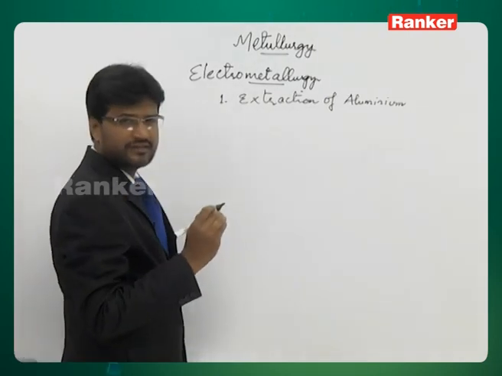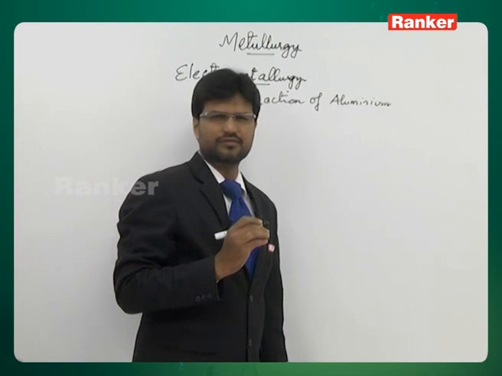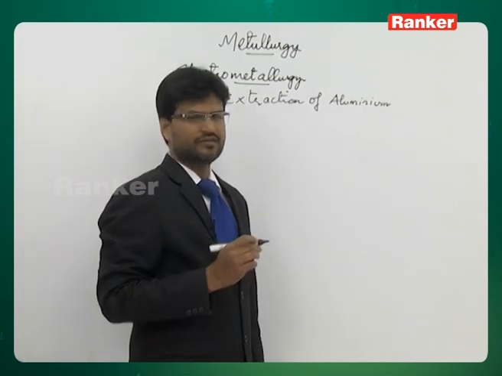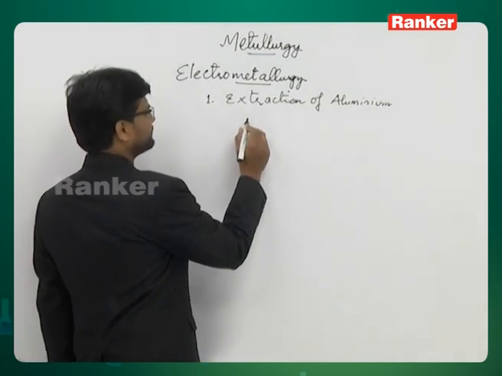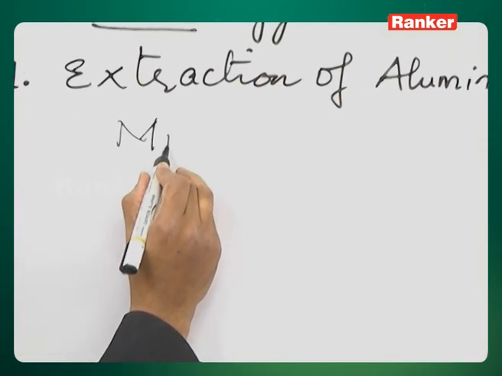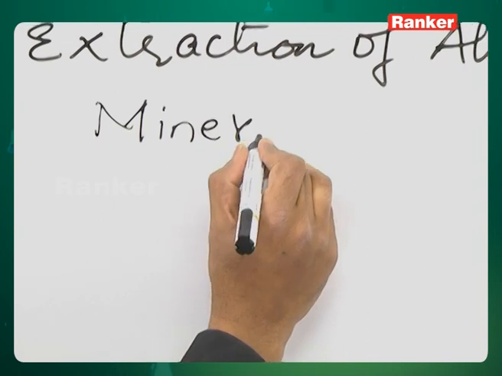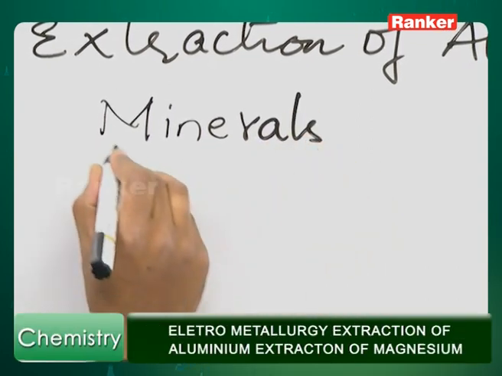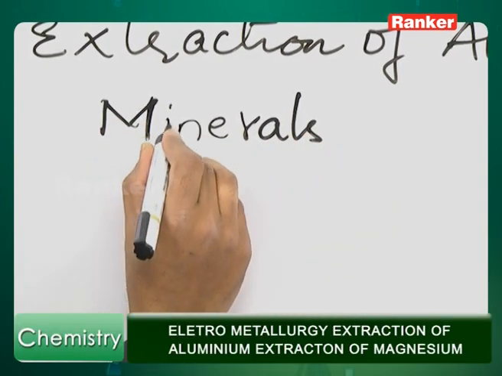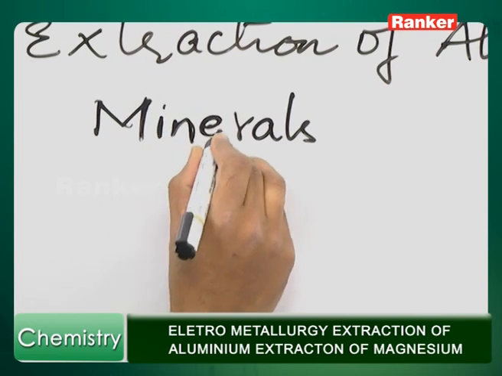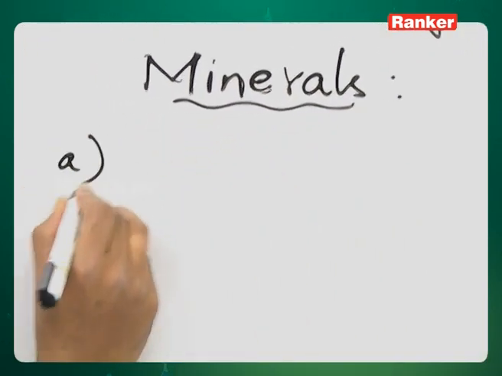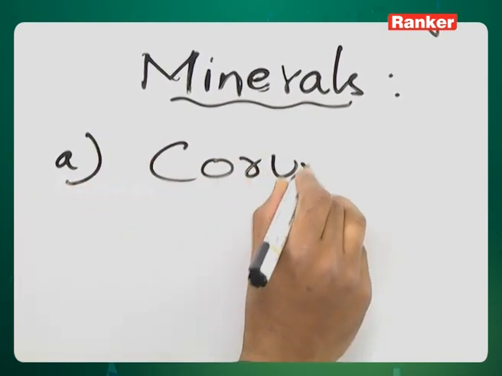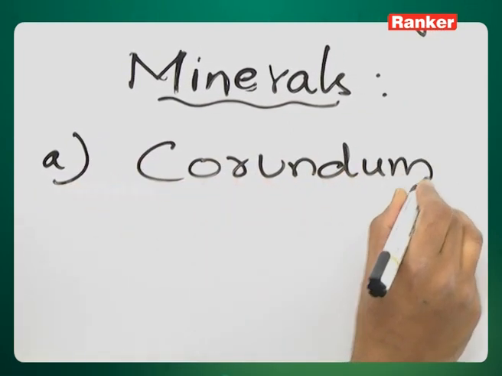First of all, I'd like to give you a list of important ores of aluminium, then we'll look into extraction of aluminium from bauxite. The list of important minerals of aluminium. Corundum.